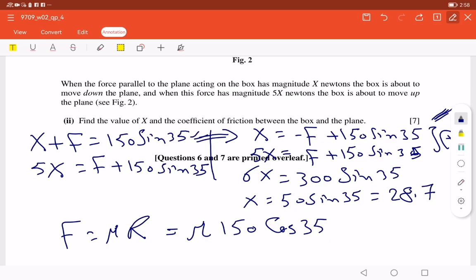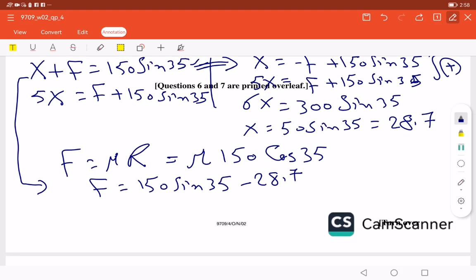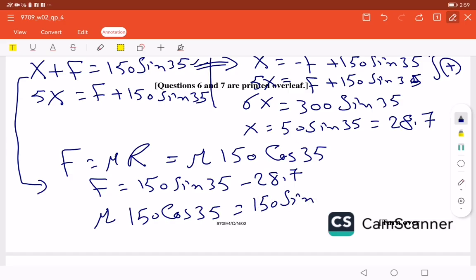And substitute for x using 28.7. So from this equation, we can say F equals 150 sine 35 minus x, which is 28.7, and replace F with mu R, where R is 150 cosine 35. So F here equals mu 150 cosine 35, which is equal to 150 sine 35 minus 28.7.